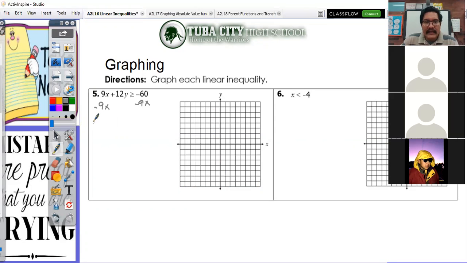So now I only have 12y greater than negative 9x minus 60. Still got to divide everything by 12. I got to get rid of that 12.